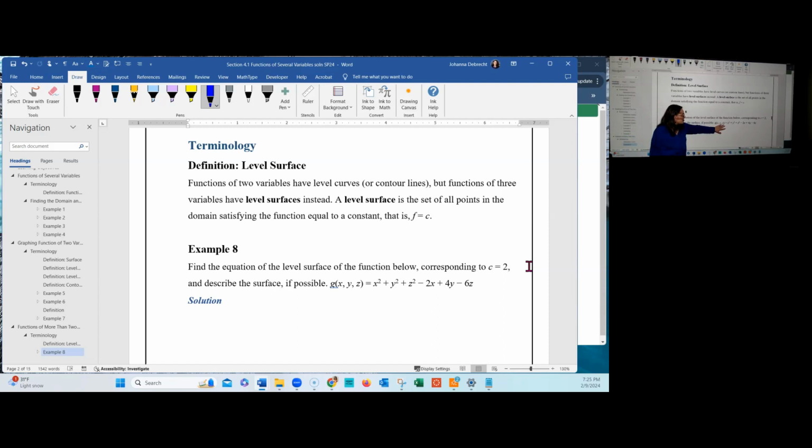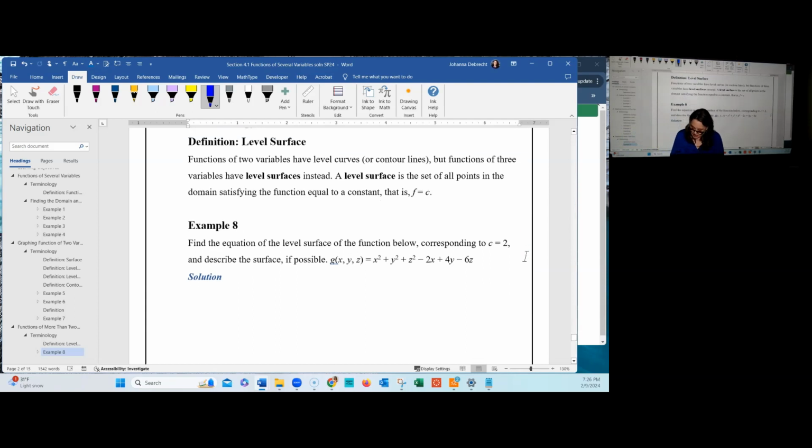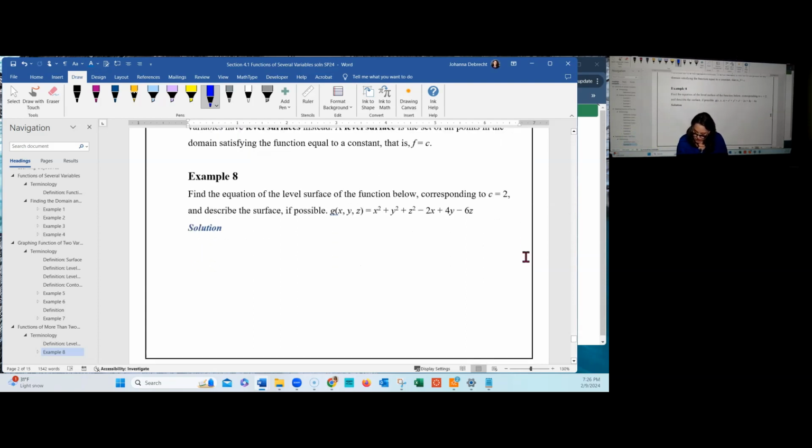G is a function of x, y, and z. So this is a function in 4 dimensions, 3 independent variables, 1 dependent variable. And we want to set the dependent variable value to 2 and describe what the surface looks like. So again, as you might imagine, we're going to take G and replace it with 2.